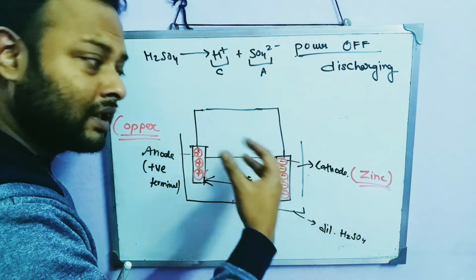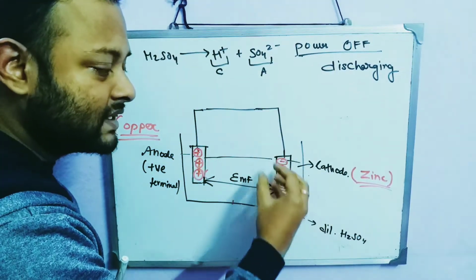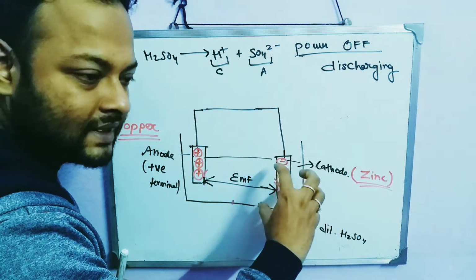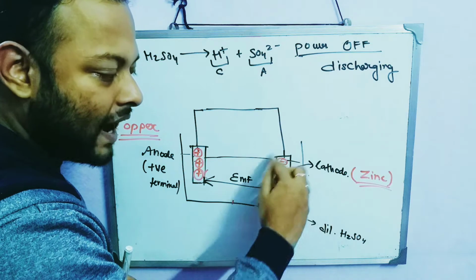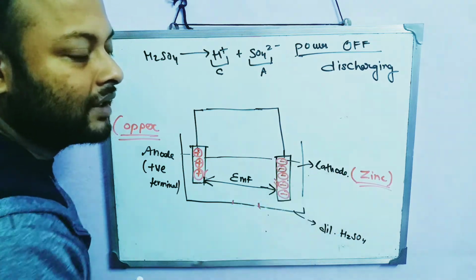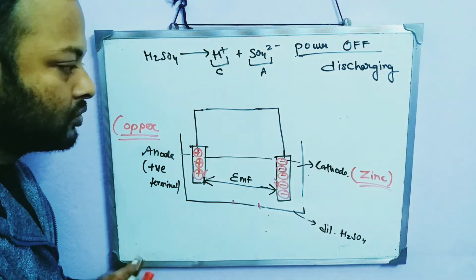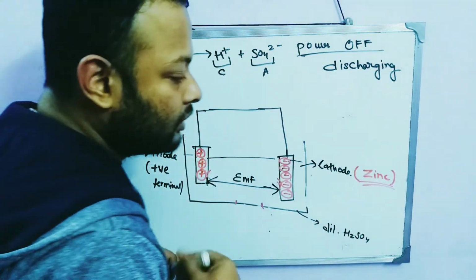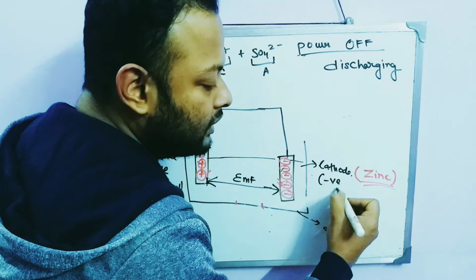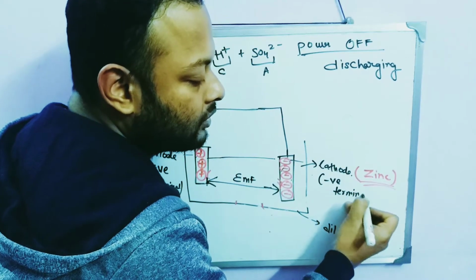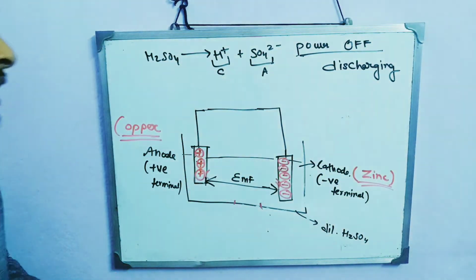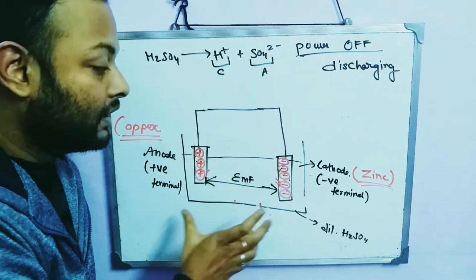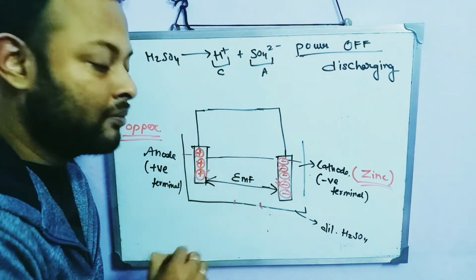Now once the battery switched off, since it has attracted all the electrons towards itself, this will act as the negative terminal. That is why I have written that as the cathode. So cathode means what? Now this is acting as the negative terminal. Now this potential difference between this anode and cathode, that is called as the EMF, right?